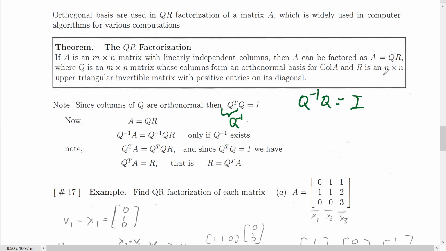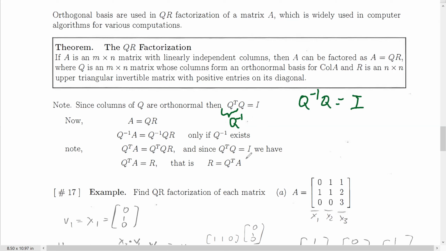All right. If we write matrix A as a product of Q times R, then I can apply the inverse of Q to both sides of this equation. Then Q inverse Q would be the identity matrix.